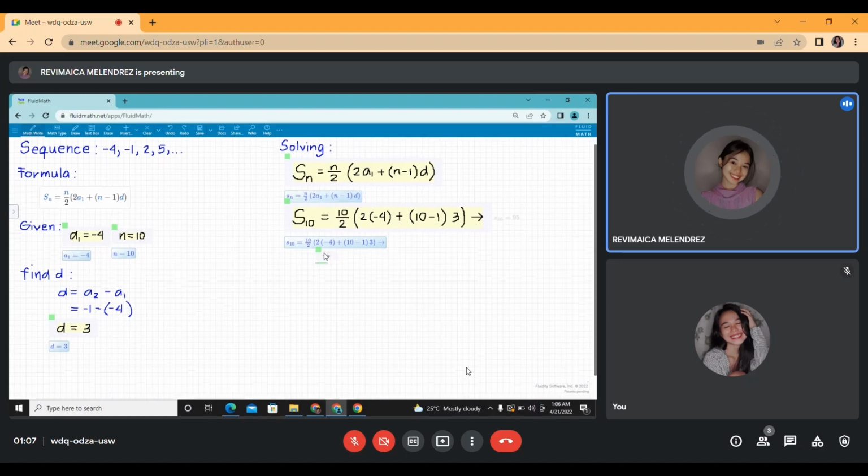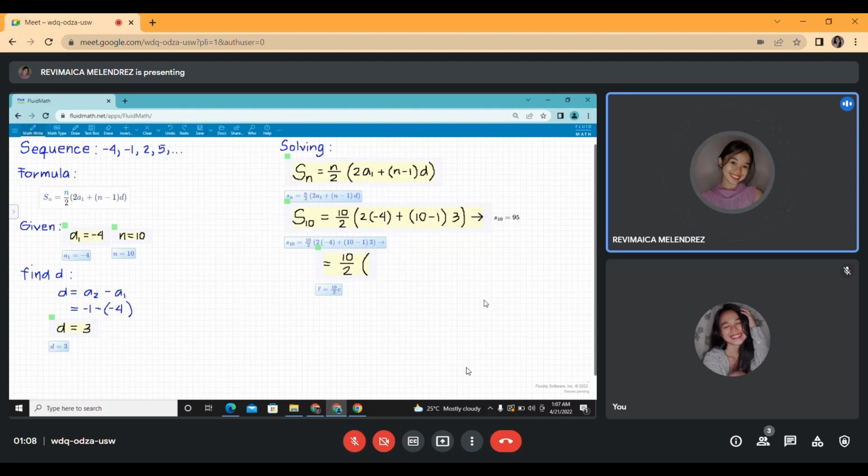So S sub 10 is equal to 10 over 2 times, it should be an open parenthesis, times 2 times negative 4.